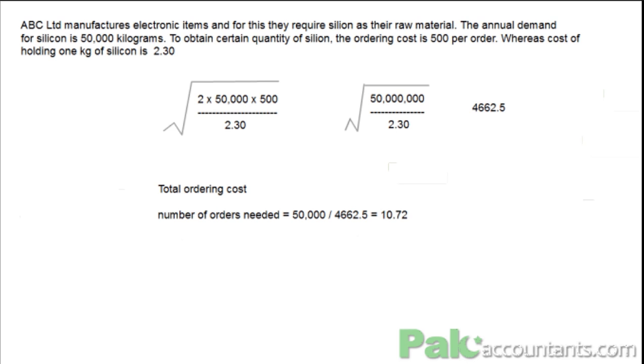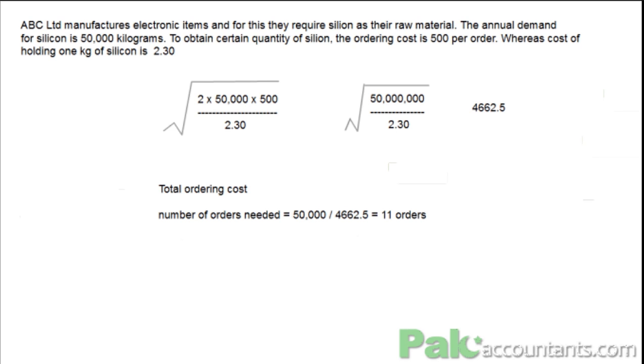Or in other words, you will be placing 11 orders, because 10 orders will be for the same 4,662 units, but the 11th order is going to be for a lesser amount of units. That's why it is 10.72 and not 11 completely.